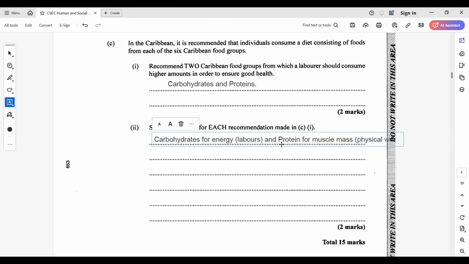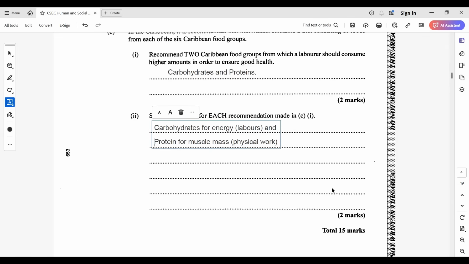You could link it to his job, being a laborer, and he needs the protein for the muscle. Yeah. He does physical work. So the muscle mass is very important when you're using your body to do physical labors. So that will give you 15 marks from question one.